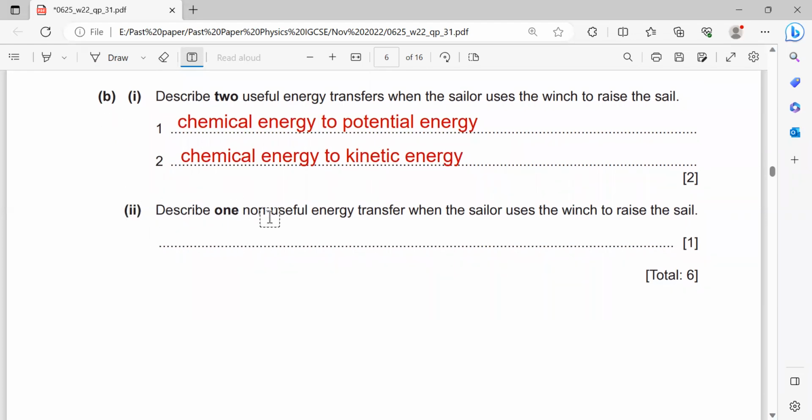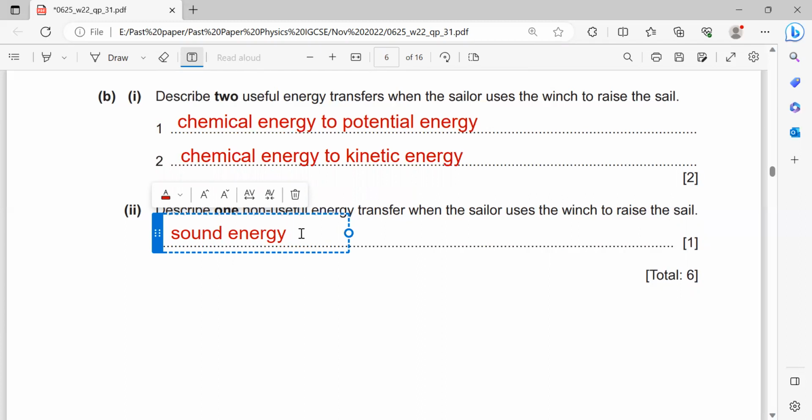Now, this question: describe one non-useful energy transfer when the sailor uses the winch to raise the sail. There are several, but I want to answer sound energy, because when the sailor is operating the winch, there will be sound.